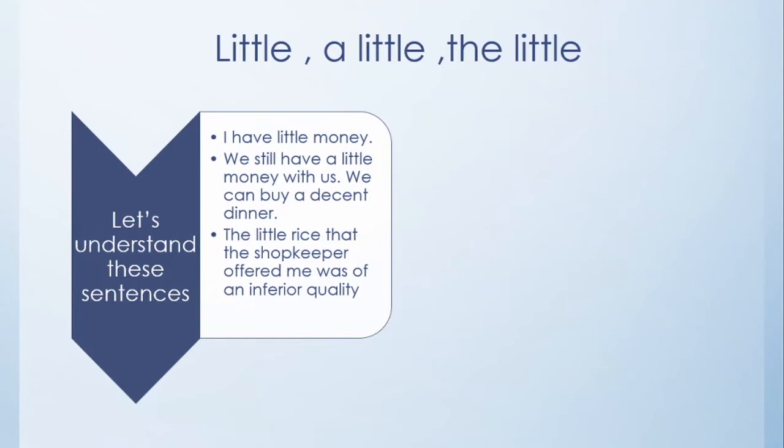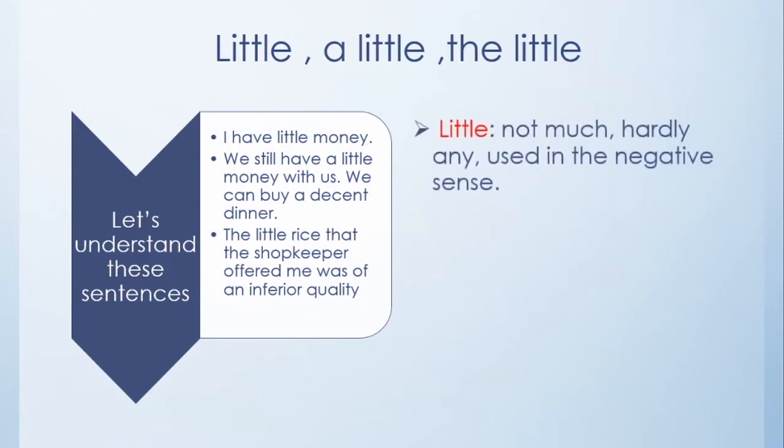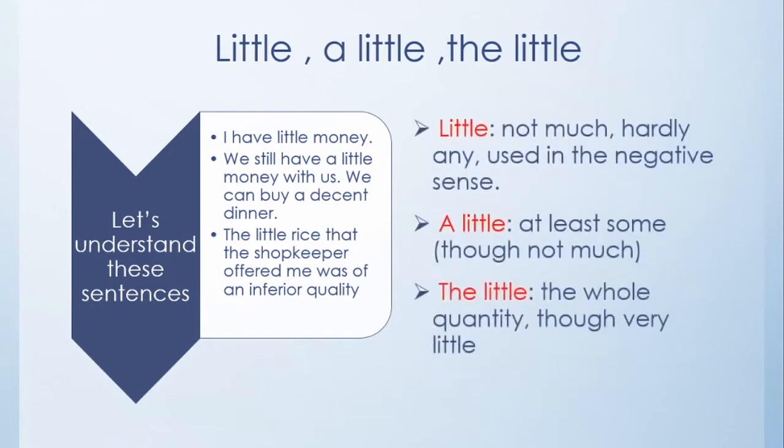We can buy a decent dinner. A little means at least some, though not much. It conveys a positive sense. The little rice that the shopkeeper offered me was of an inferior quality. The little means the whole quantity, though very little, not much.